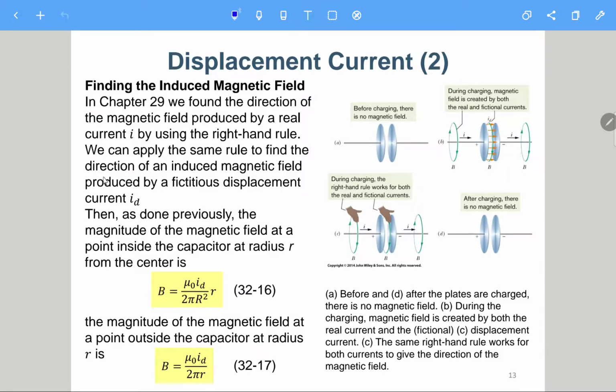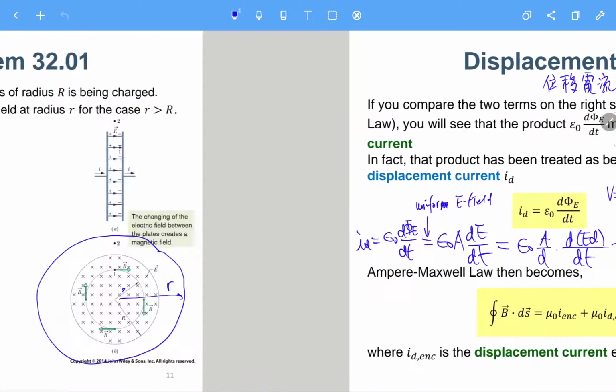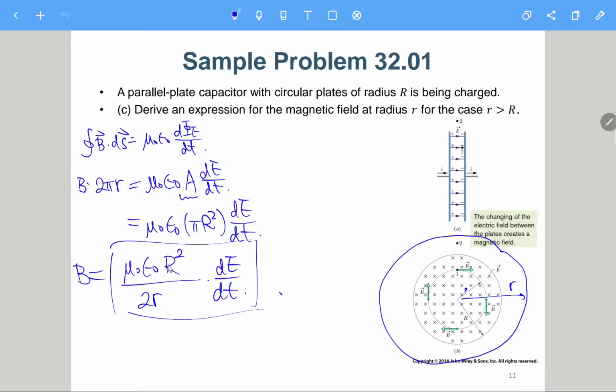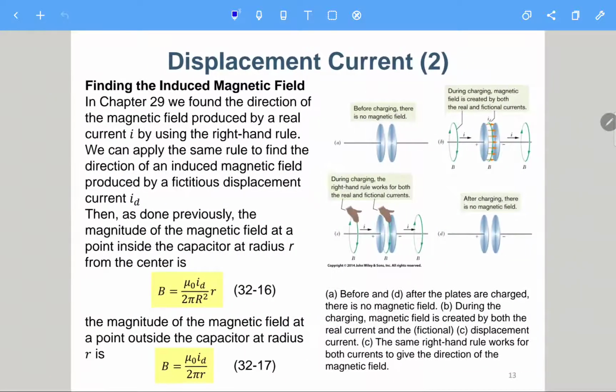So we can apply the same rule to find the direction of the induced magnetic field produced by the fictitious displacement current, which means that your thumb will follow the direction of the current. Then, as done previously, the magnitude of the magnetic field at a point inside the capacitor at radius r from the center is like this. We just derive it like here.